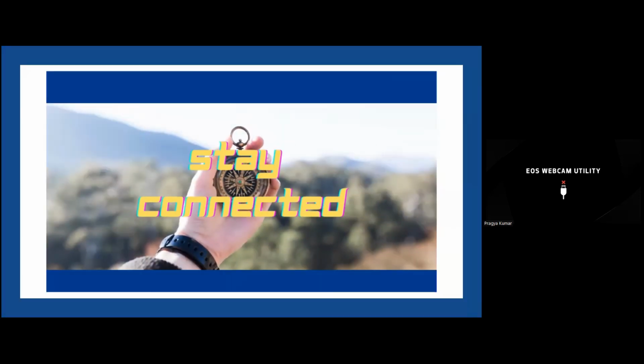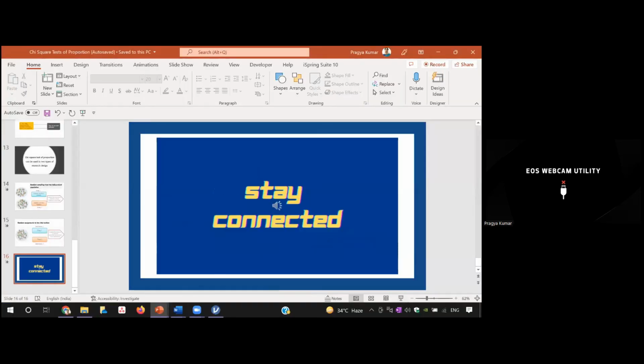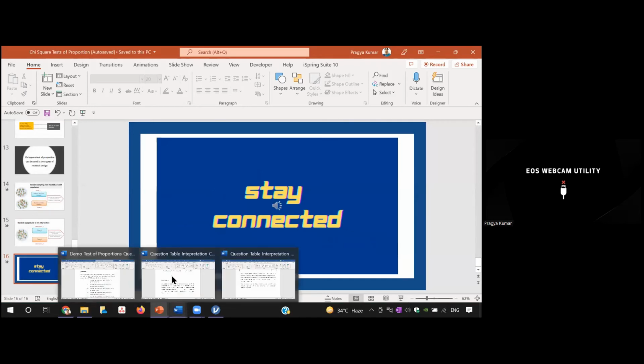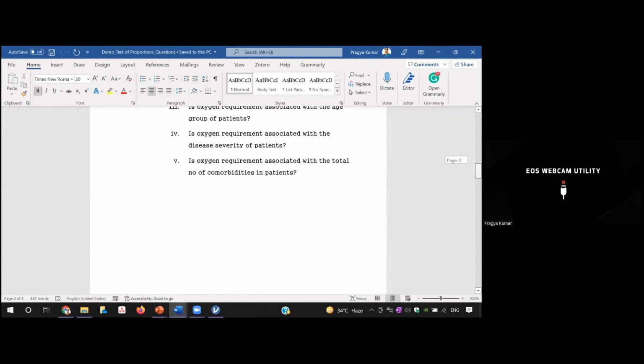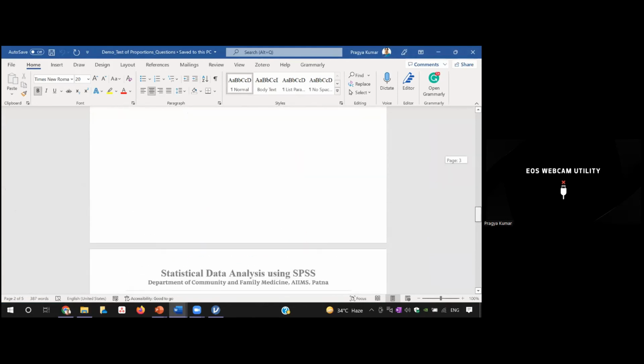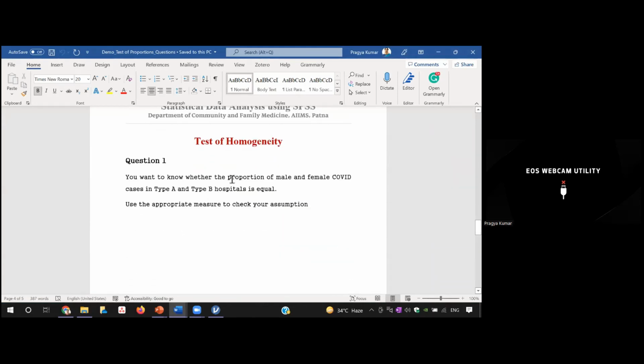Now let's see how to demonstrate this. The question for this chi-square test of two proportion is: I want to know whether the proportion of male and female COVID cases in type A and type B hospital is equal or not.